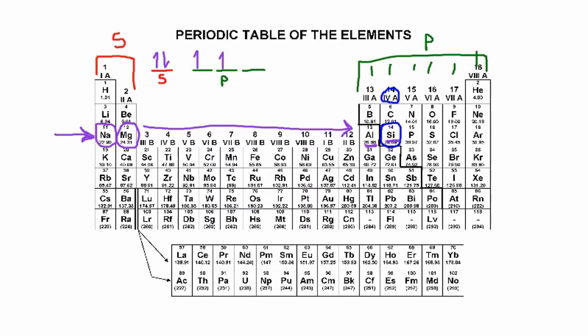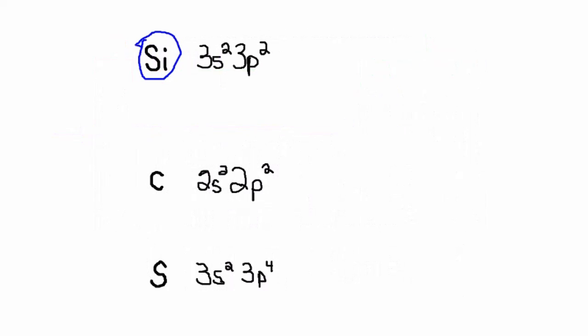So if we go back to our problem here, we have the S, and then we have the P. And P has 3. I like to think of them as roller coaster cars. You can only fit 2 people in a roller coaster car at a time.